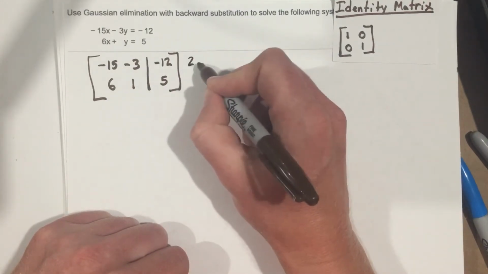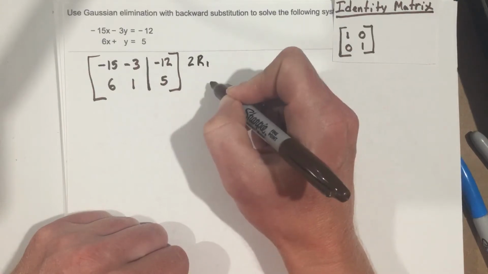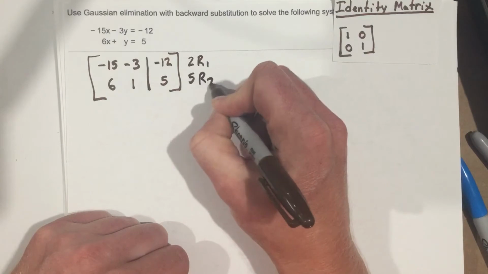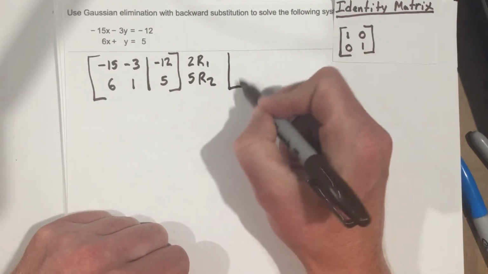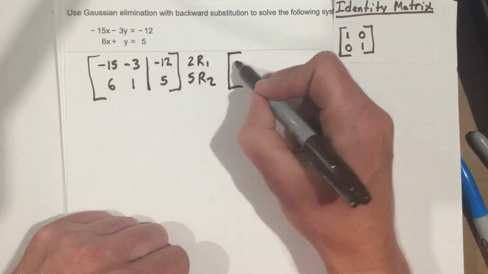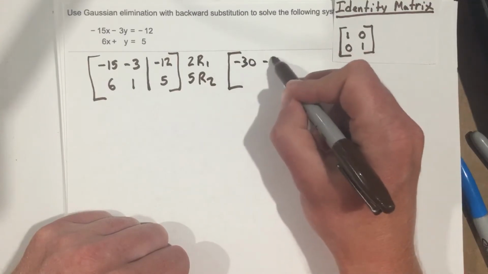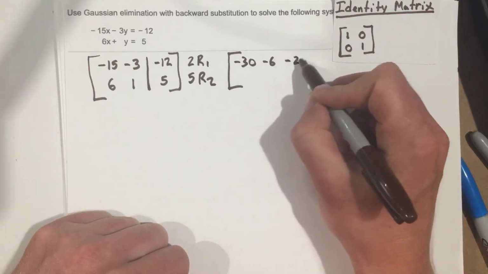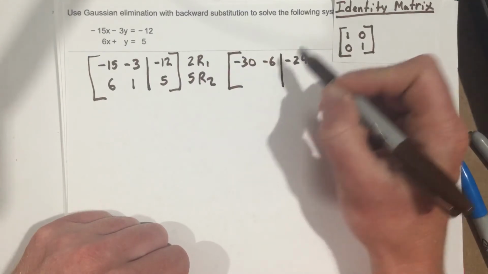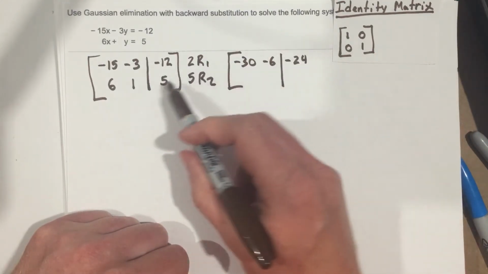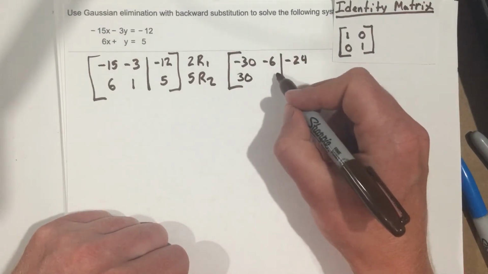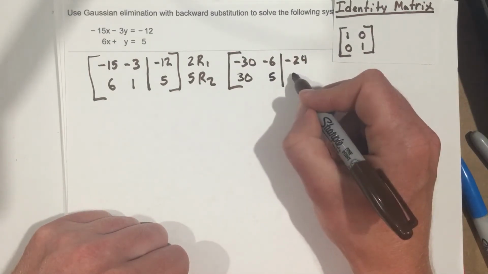So I'm going to take 2 times row 1, and then 5 times row 2. I multiply the 2 through, and that's negative 30, negative 6, negative 24. You have to make sure that your multiplications are good, so you might need to use a calculator. 5 times 6 is 30. 5 times 1 is 5, and 5 times 5 is 25.